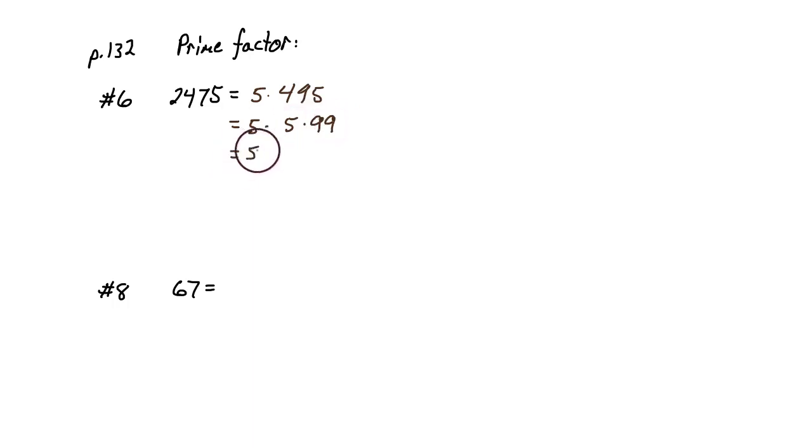So we have 5 times 5 times 3 times 33. Can 33 be divided by any primes? Yup, 33 divides by 3. So we have 5 times 5 times 3 times 3 times 11. Here's our prime factorization, although it's more common to write using exponents.